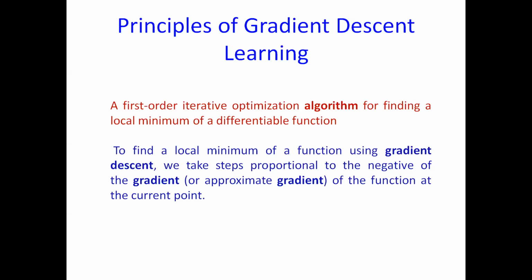Now if I want to find a local minimum of a particular function by using this gradient descent formula, then we need to take steps proportional to the negative of the gradient, or the approximate gradient, of the function at the current point.